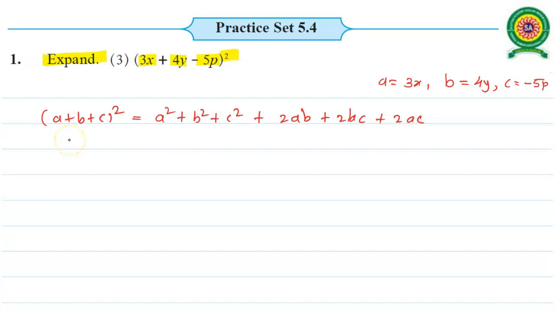Here we have to expand (3x + 4y - 5p) the whole square.